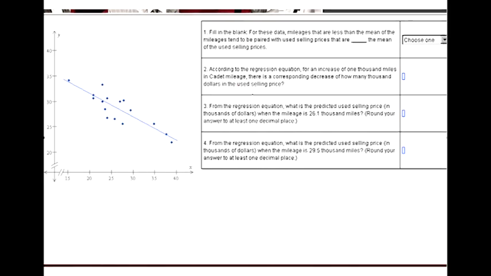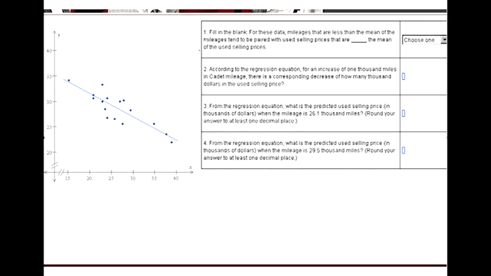So our job is to figure out these four things. Fill in the blank. For these data, mileages that are less than the mean of the mileages tend to be paired with used selling prices that are less than, greater than, or equal to.